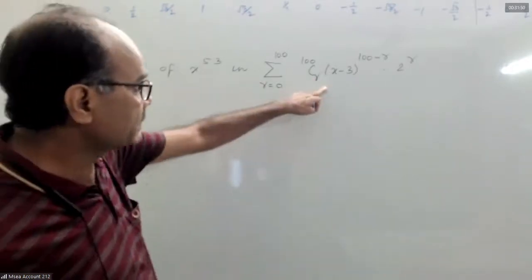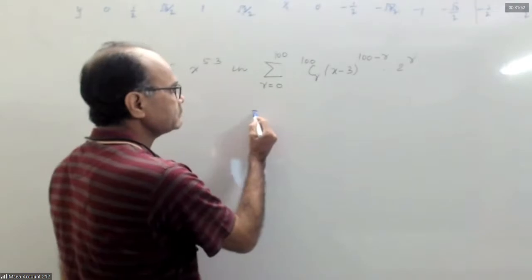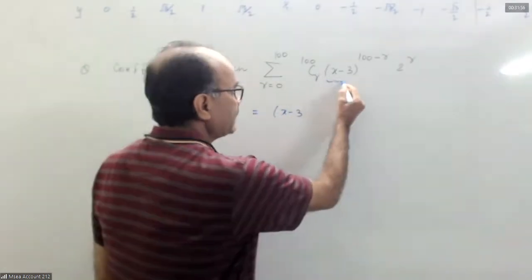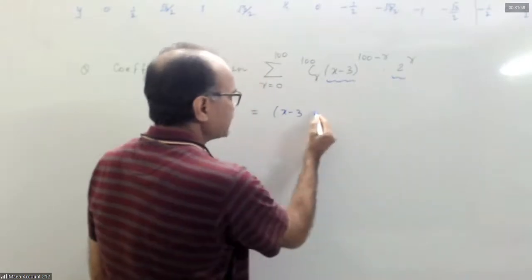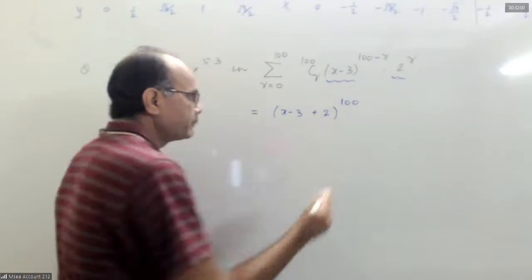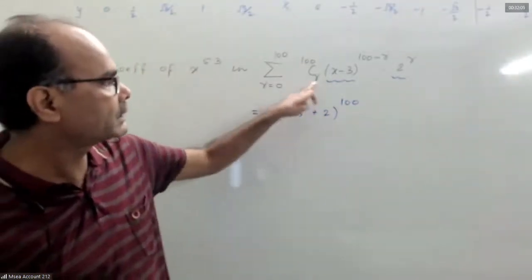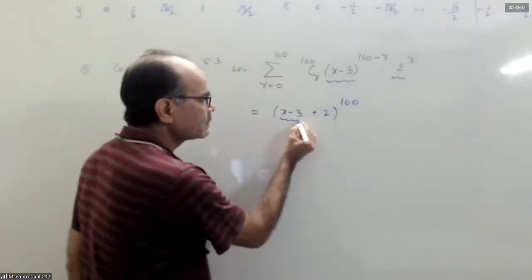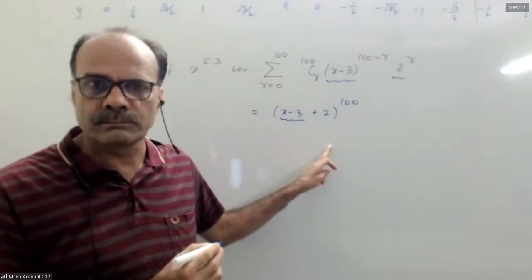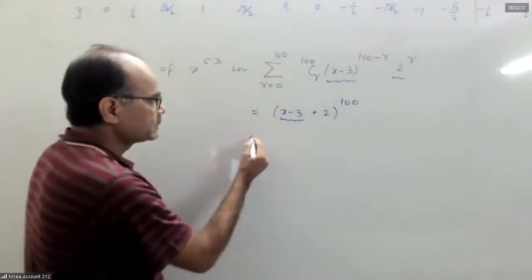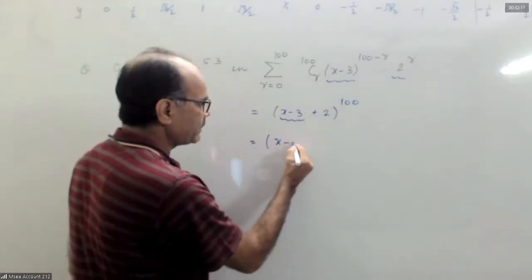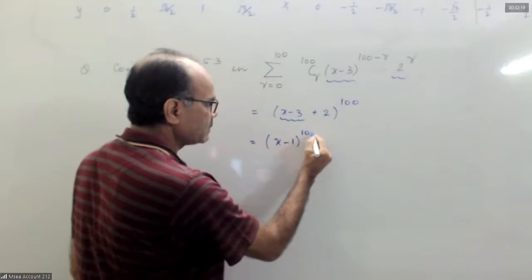See, this is nothing but (x minus 3) plus 2, all to the power 100. Assume this is A, this is B. If you expand it binomially, you'll get it. Assuming this is some A, this is some B. This quantity is nothing but (x minus 1) to the power 100.